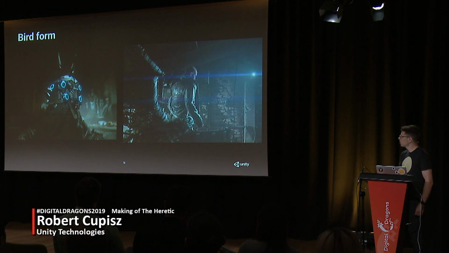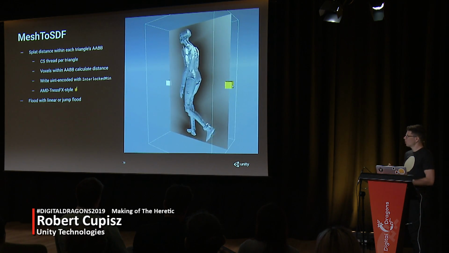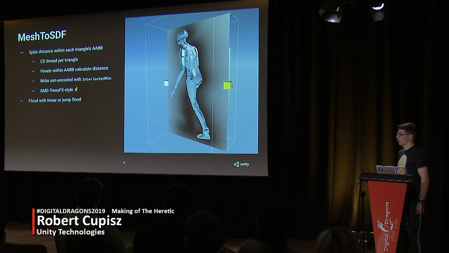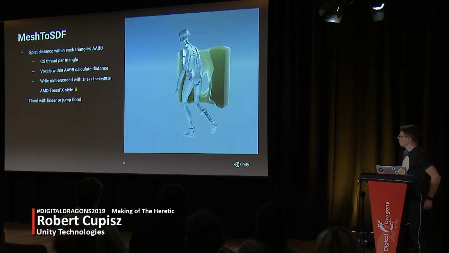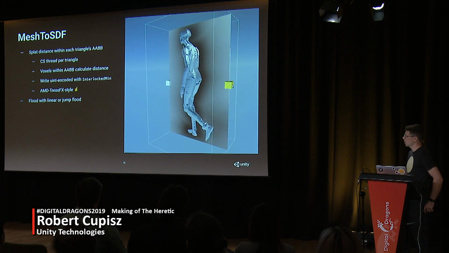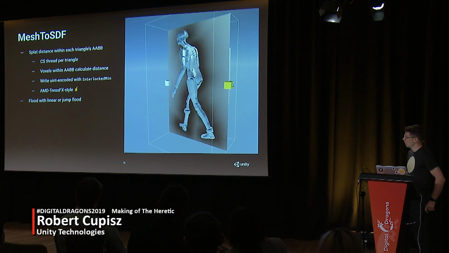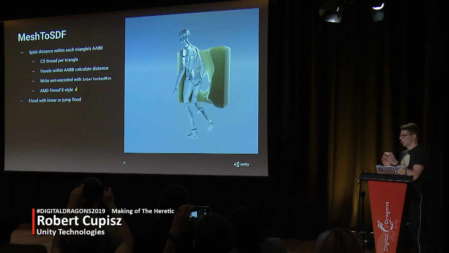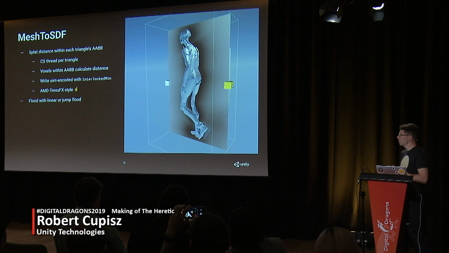Finally, the bird form. We thought that we could use the same approach as with the environment, with the only difference that we would dynamically generate the SDF and everything will work perfectly. So we use an approach that starts off with the technique from TressFX by AMD, where in a compute kernel for every triangle we spawn a thread, and that thread splats the distance to the given triangle in its AABB.